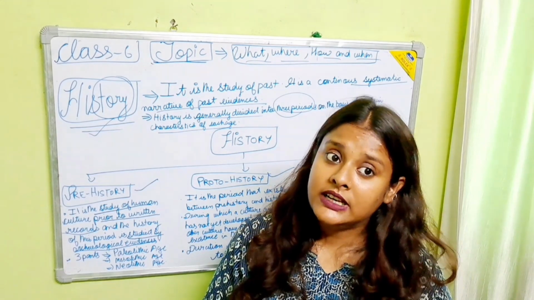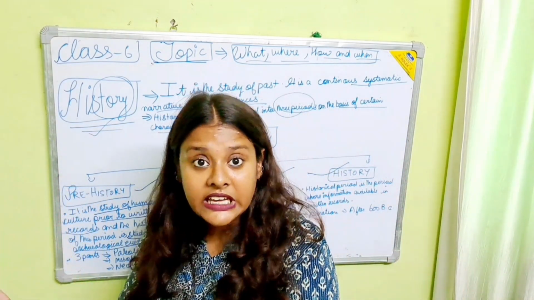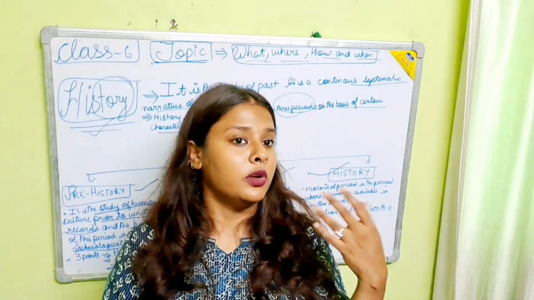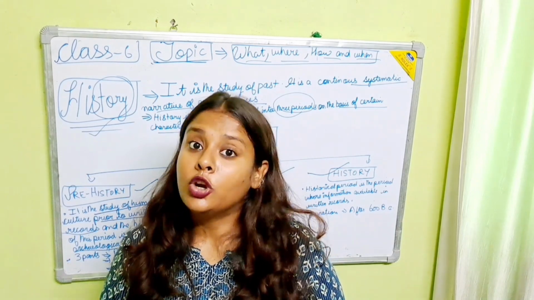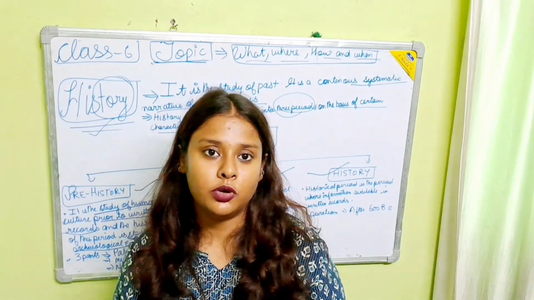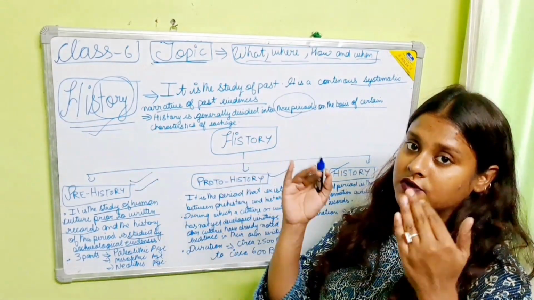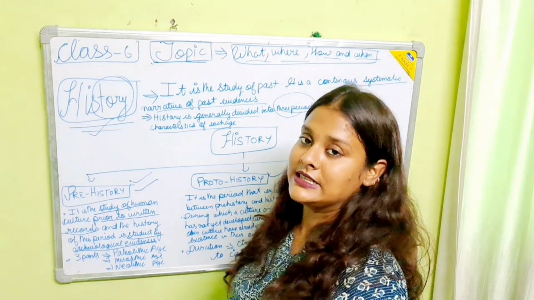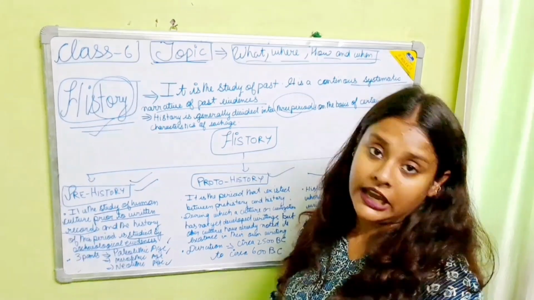Through these archaeological evidences, we would come to know about what the people ate, what their living style was, what they wore, what the cultural, political and economic situation was during that period of time. All these things can be known through these archaeological evidences. Now this prehistory is further divided into 3 parts, that is Paleolithic age, Mesolithic age and Neolithic age.